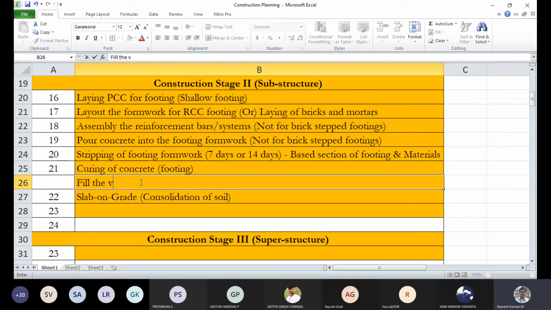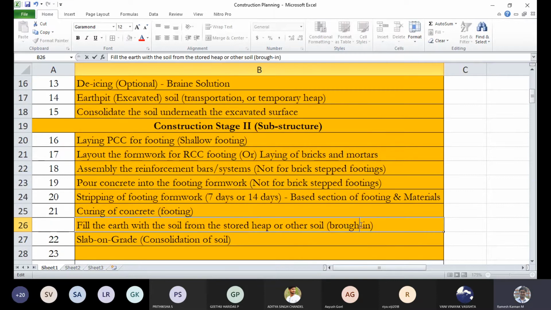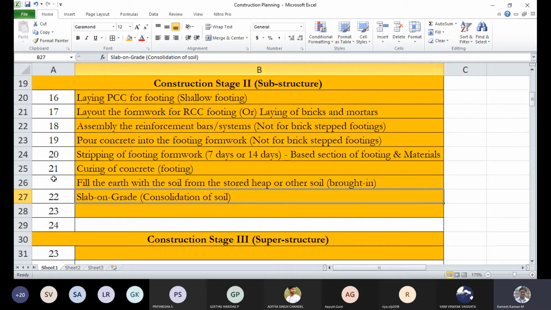Voids in the sense, we can even fill the earth with the soil already stored in the stored heap, or other soil which was brought in case that particular soil is not good enough or something like that.